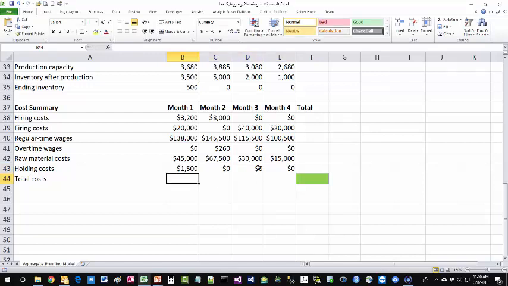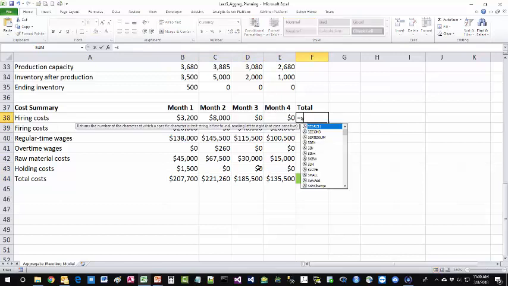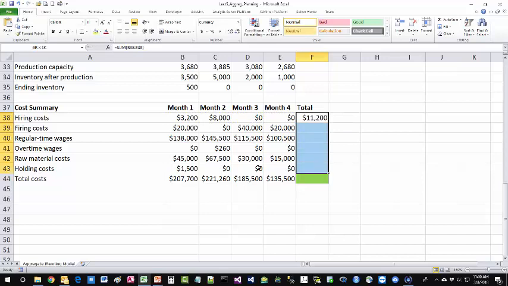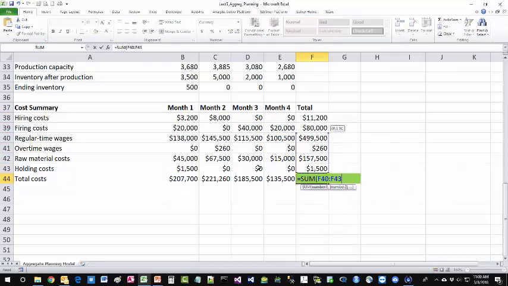So the total costs are just added up per month here and per cost source here, giving us a total cost for the current scenario of about $750,000.